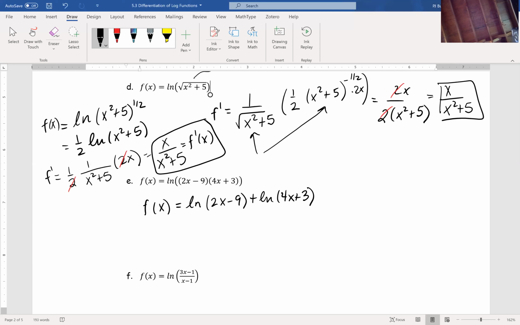And this is really foreshadowing what we're going to do with logs. We're going to do something called logarithmic differentiation, which is introducing a log into a problem that doesn't already have one to make the derivative much easier to take.